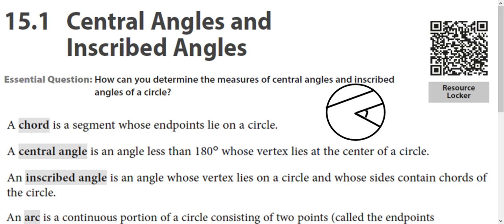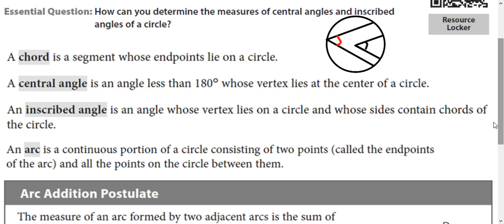An inscribed angle is basically just two chords that put the vertex on the edge of the circle. That's an inscribed angle. And then an arc is just a portion of the circle. Like that part I just highlighted there in red, that's an arc. It's part of the circle.